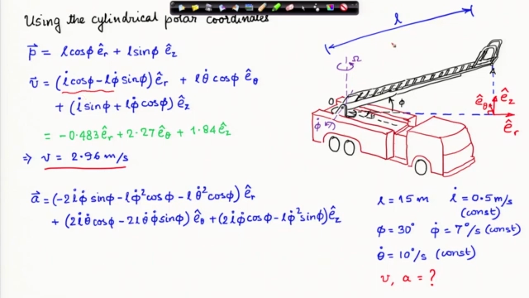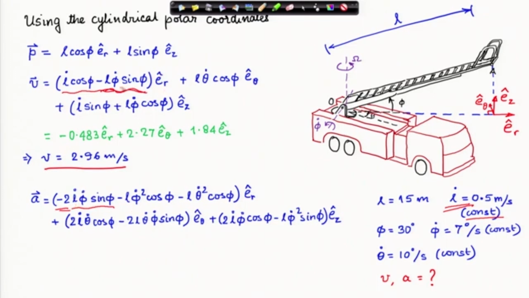You remember L dot is constant, so therefore L double dot is 0, so that does not figure in this expression. Then I will have minus L phi double dot sin phi. So, this is one term, and from another place I will have a derivative of L dot phi dot. L dot phi dot sin phi I will get again from here with a negative sign. So, this becomes minus 2 L dot phi dot sin phi.